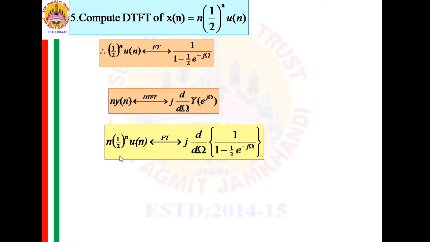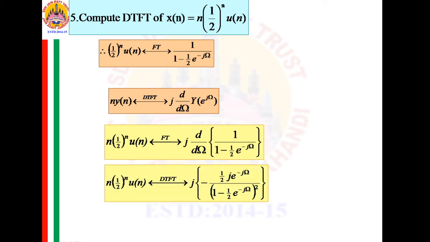So, the DTFT of n times 1 by 2 raised to n u of n is j into d by d ohm of 1 by 1 minus 1 by 2 e raised to minus j ohm. Now differentiate this expression with respect to ohm. I hope that you are already familiar with how to differentiate this. U is 1, that is constant, so the differentiation of u is 0, only v you are supposed to differentiate, and the square of v in the denominator.